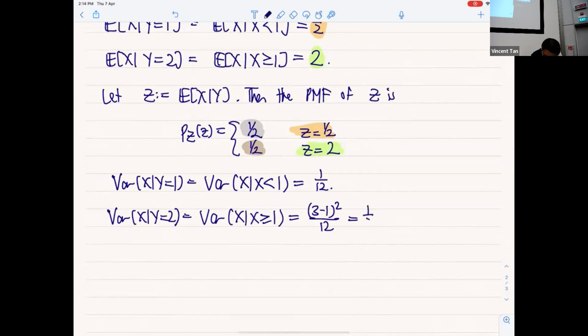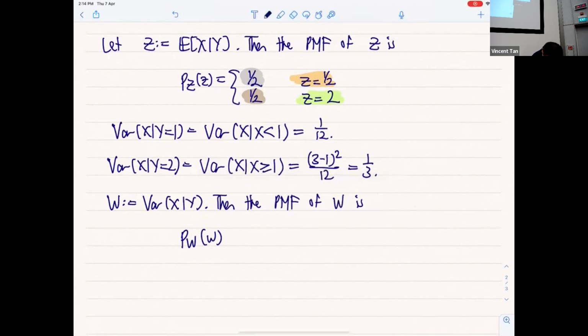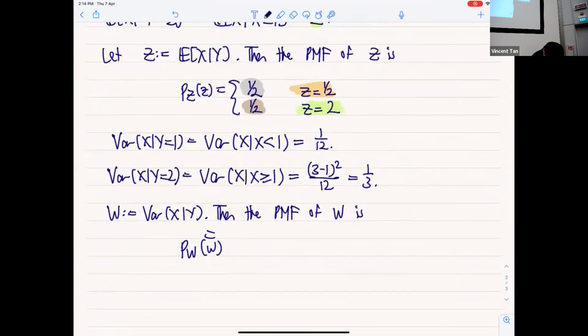So this is 1/3. If I let w be the random variable, the variance of x given y, then I can write down the PMF of w. It takes two values, each with probability half: w takes on the value 1/12 and w takes on the value 1/3.